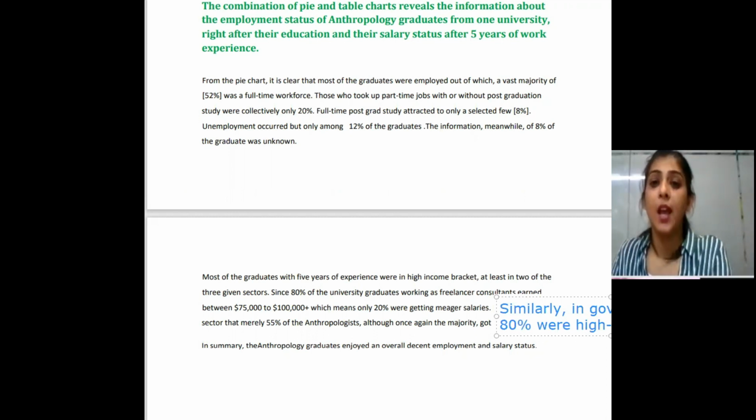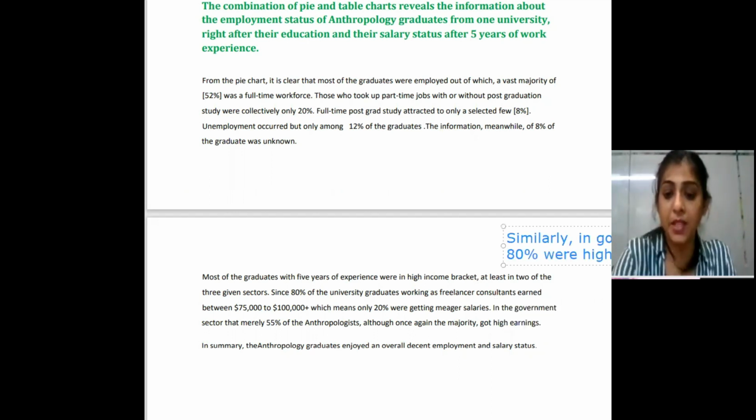Got it? And this is what is about the government sector.